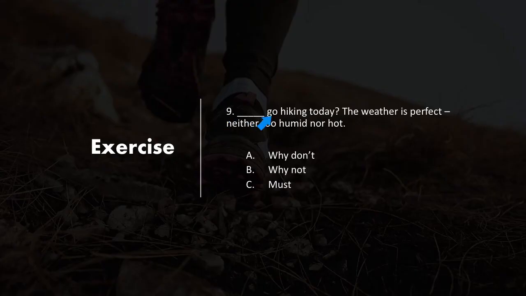Number 9. "Something go hiking today. The weather is perfect, neither too humid nor hot." So here this person is trying to give advice or suggestion to others on what to do by asking a question. So here, which option should we choose? Now, when we are asking a question, we use either "why don't" or "why not." So pay attention. What word should we put right after "why don't" and "why not"?